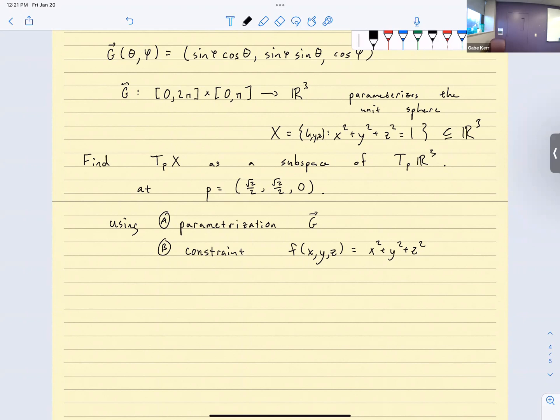If I look at this parameterization, I want to go to this point P. So what angle theta and phi give me this point? The easy thing to find first is that cosine of phi should be zero, so phi should be pi over 2. Once phi is pi over 2, sine of phi is 1, and then you find out what theta is.